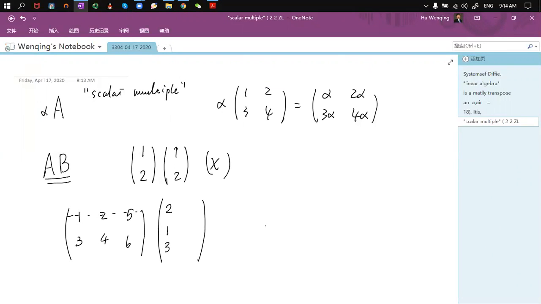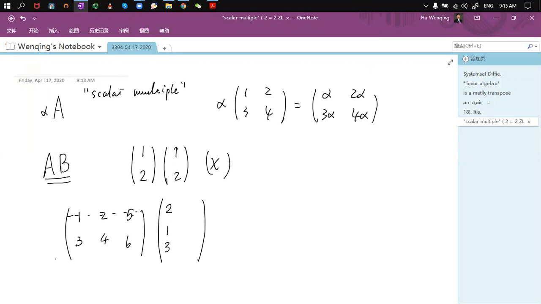Now, in terms of the number of columns for the second matrix, it doesn't really matter. It can be 1 column, 2 columns, 3 columns, 4 columns. The important thing is the number of rows, meaning how many terms are in this column. The number of rows for the second matrix should be equal to the number of columns for the first matrix.